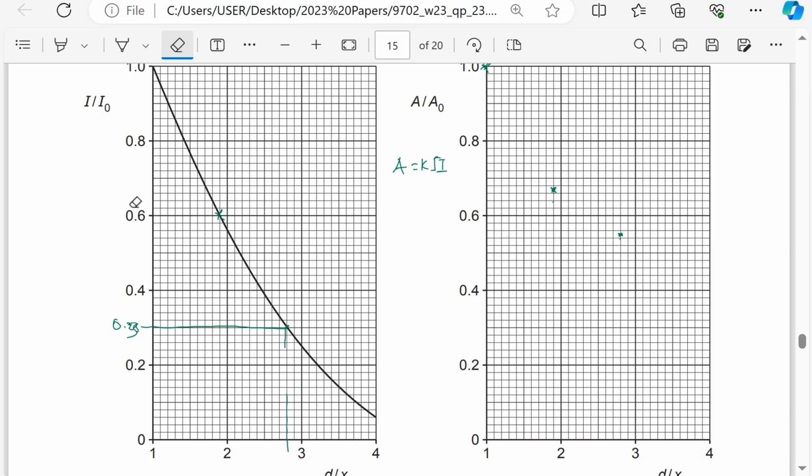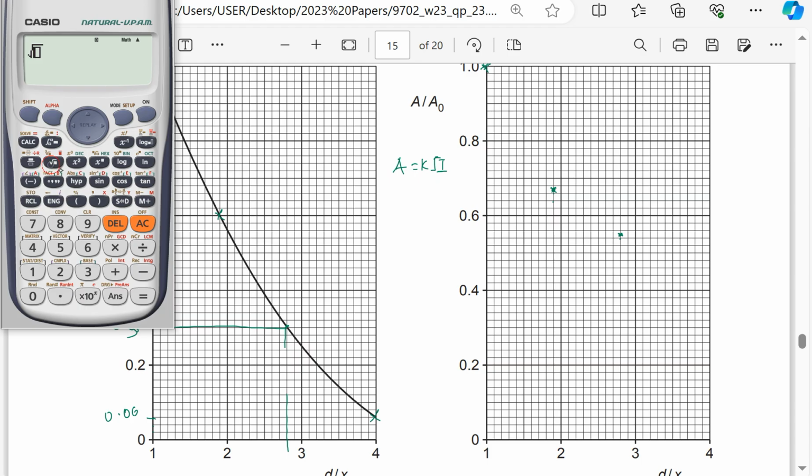Then let me just look at the last point at 4. At 4 here we have 1, 2, 3. That is 0.06. The root of 0.06 is 0.24, approximately 0.25.